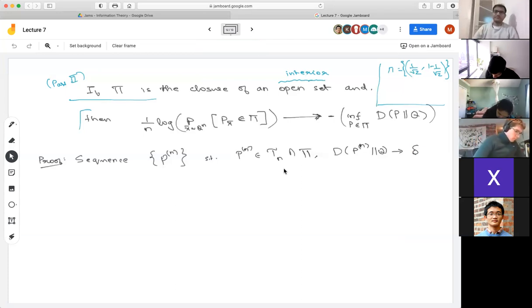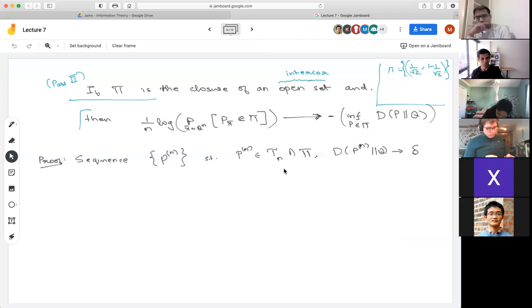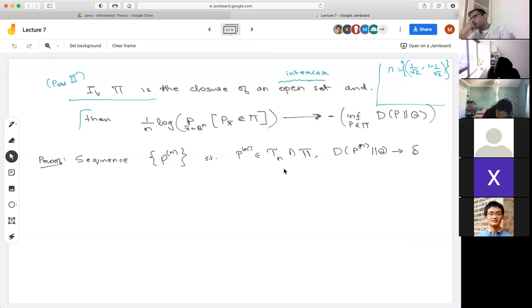Now we can basically apply the bound for each of these distributions p superscript n, and then just take the limit. So let's do that. We are interested in the probability that a sequence has the property that the type is in pi.